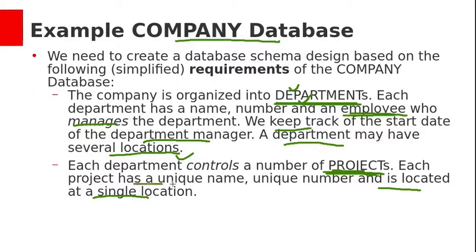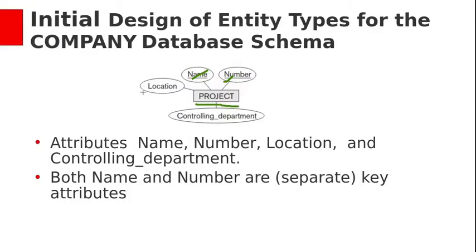Each project has a unique name and unique number and is located at a single location, which is not a multi-valued attribute. So here it is a simple attribute, and each project will be controlled by some department, so we included this controlling department attribute in this project entity type. Both name and number separately are the key attributes.